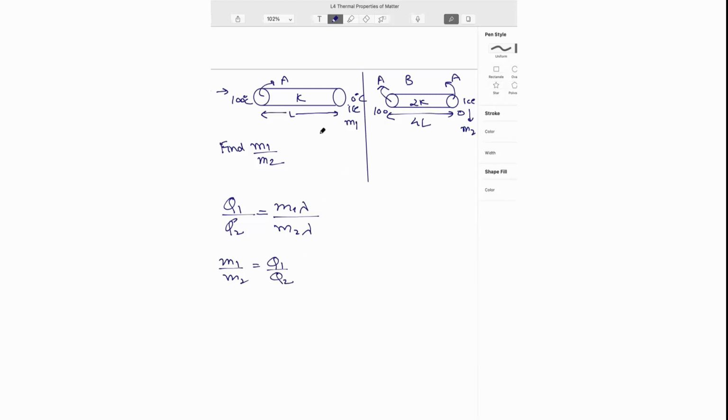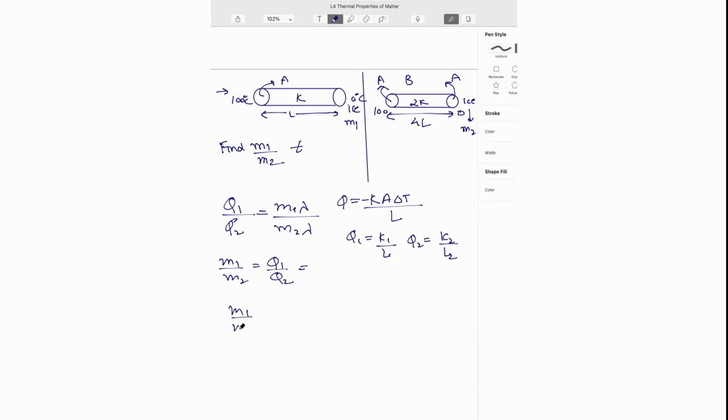And we know in terms of heat transfer, both are in a context for same time T. So what is the formula of Q? That is K A delta T by L. So Q1 is K1, delta T same for both, A is same, by L1, Q2 is K2 by L2. Okay.